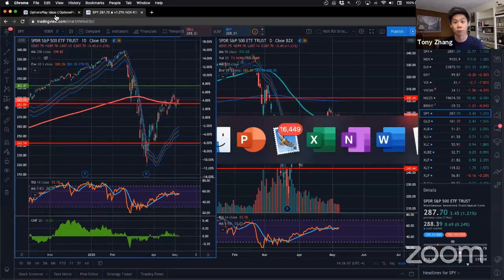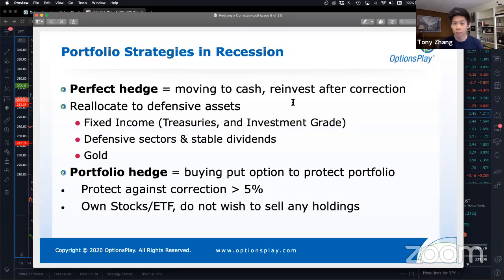That is what we call a perfect hedge, because it doesn't cost any money other than the commissions. It is the most efficient way to hedge your portfolio because it gives you a dollar for dollar hedge. You can't lose anything if your money's not in the markets.